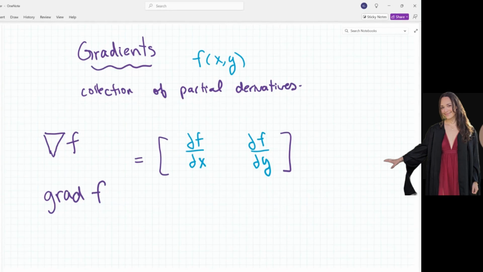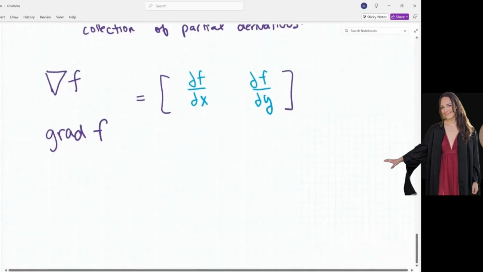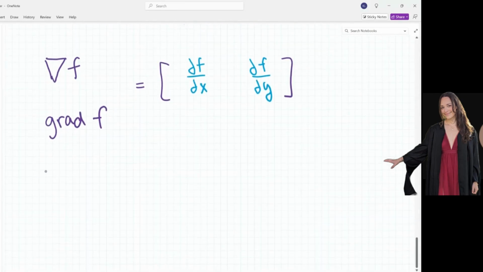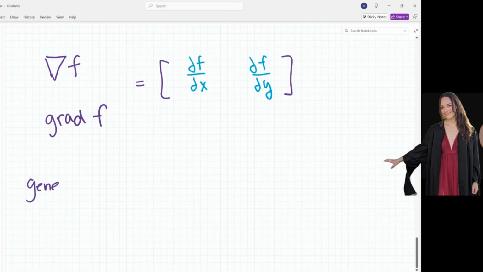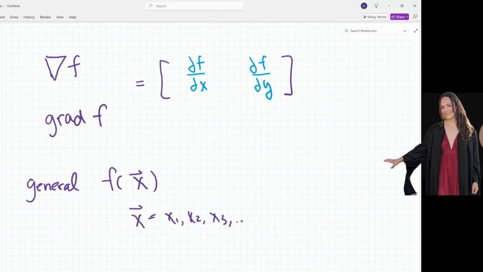So if you were to have more variables, you would just keep this going. So in general, I'll write a general equation. If we have f of x, and x is, let's just say here, x equals x1, x2, x3, all the way to, let's say, xn, and n is a natural number. So we have all the positive integers.